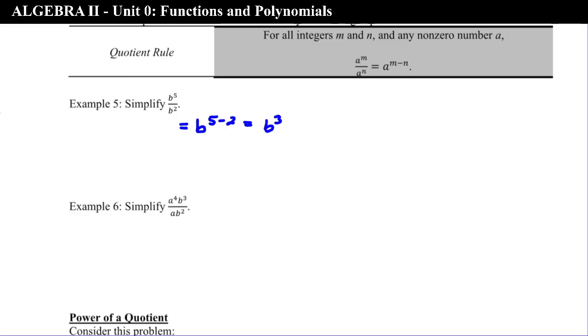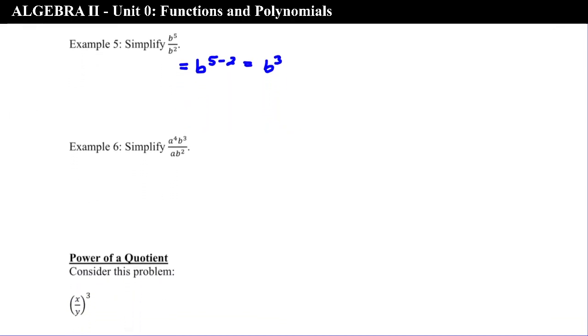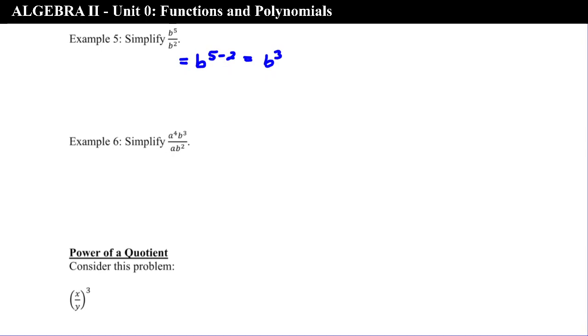Let's take it up a notch. Let's go to example 6 here. Simplify a to the fourth, b to the third over a b squared. Well, what we want to do first is gather our like terms. So we're going to have a to the fourth divided by a, and then we're going to have b to the third divided by b squared.